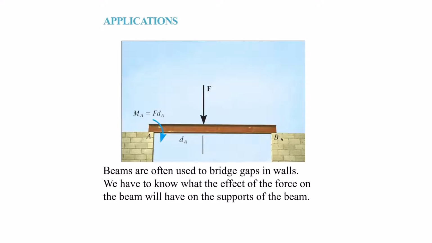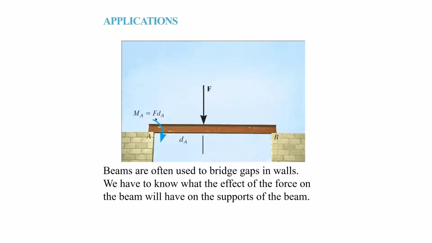The way we define it is that if a force causes a rotation about a point in the counterclockwise direction, it's considered positive, and in the clockwise direction, it's considered negative. If we have a force acting up here, that would cause rotation about A in the counterclockwise direction, like around like this, and that would be considered positive.